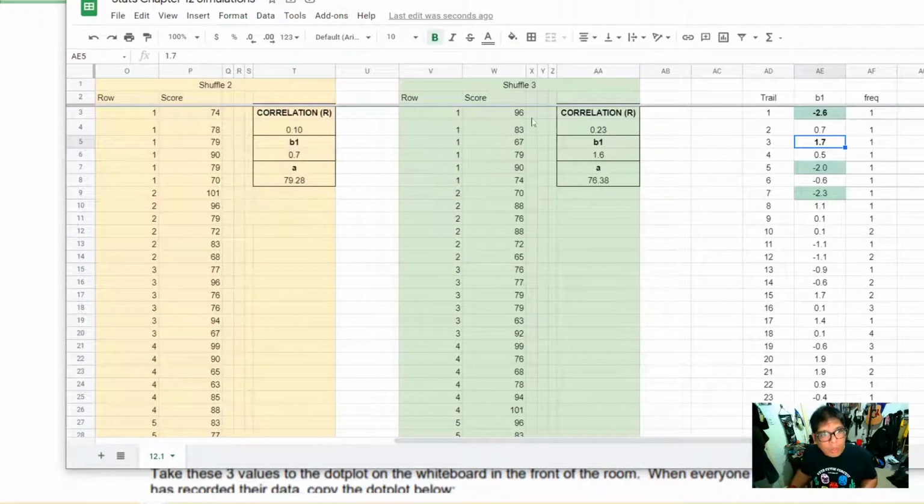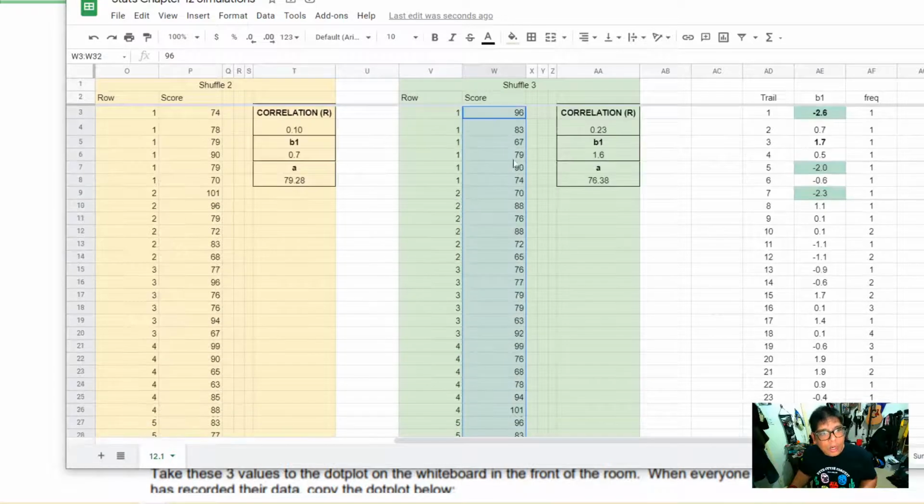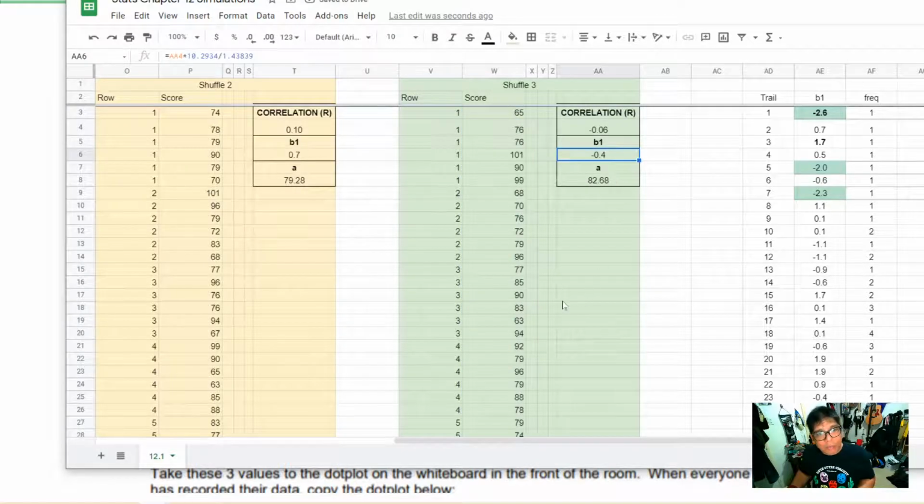We're going to do this one more time. Shuffle number 3. We're just going to take all the scores and randomize them. And it looks like now we've got a slope of negative 0.4. Let's put this in our chart.